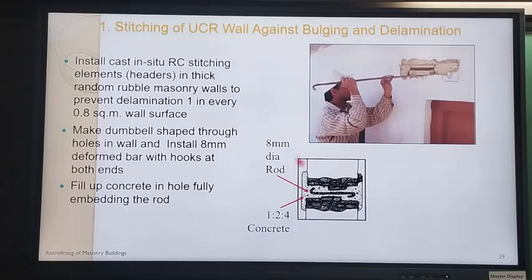As you see here, it's bigger near the faces and narrow in the middle. Then you clean it out, all the dust and everything. Then you put a little bit of concrete, fill up the bottom, put this rod, an 8 mm deformed bar, on the concrete, and then you fill up the whole thing.